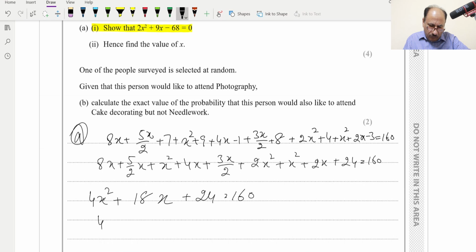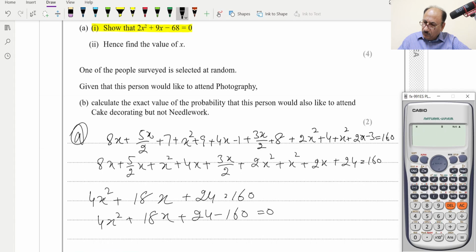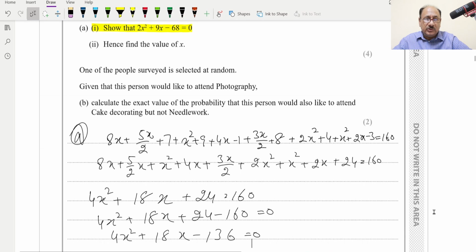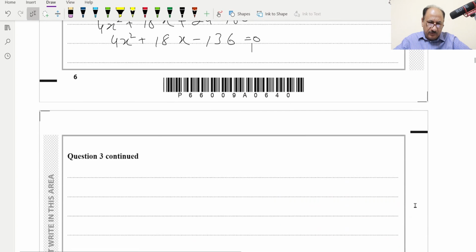This will be 4x squared plus 18x plus 24 minus 160 is equal to 0, and 24 minus 160 is equal to minus 136. So 4x squared plus 18x minus 136 is equal to 0. Now we can further simplify.